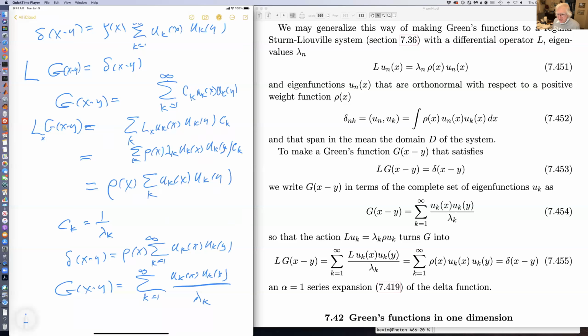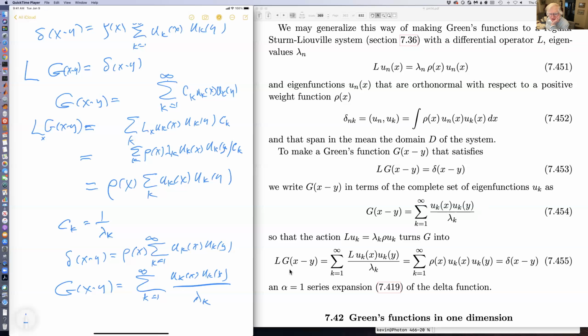That's this equation here that you see. It's amazing how much nicer LaTeX looks than my shaky handwriting. Anyway, that's the lesson from this particular section: you can use the eigenfunctions and eigenvalues of a Sturm-Liouville system to write the Green's function this way.